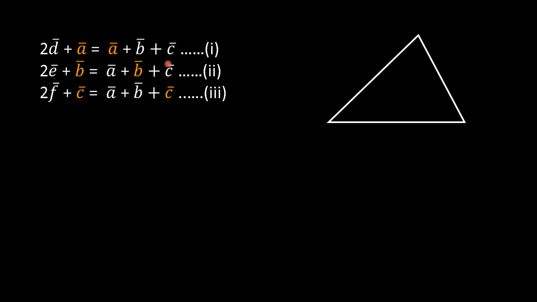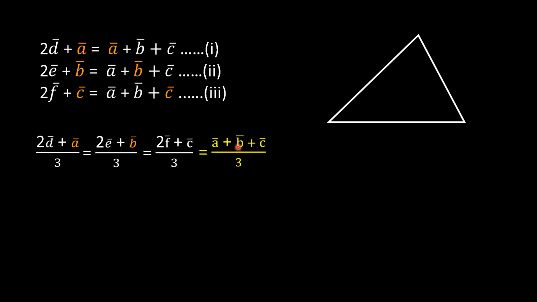We will divide each of these equations by 3 throughout and write 2D bar plus A bar by 3 equals 2E bar plus B bar by 3 equals 2F bar plus C bar by 3 equals A bar plus B bar plus C bar by 3.